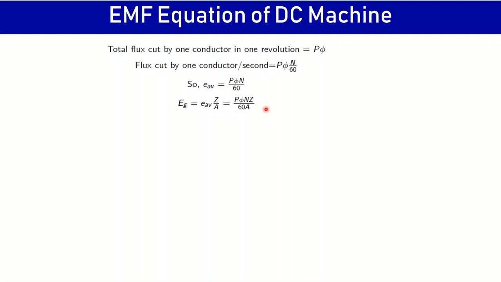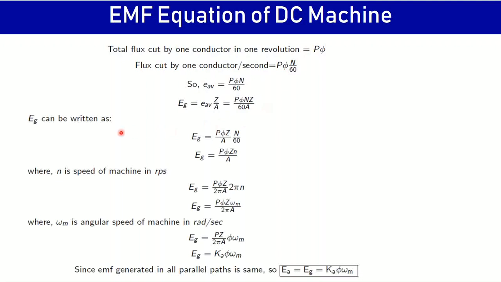Now this can be obtained in terms of speed in other forms. For example, we can take the speed in rotations per second. Then the expression will be P phi Z n by A. We can also use the angular speed, which is omega m, measured in radians per second.